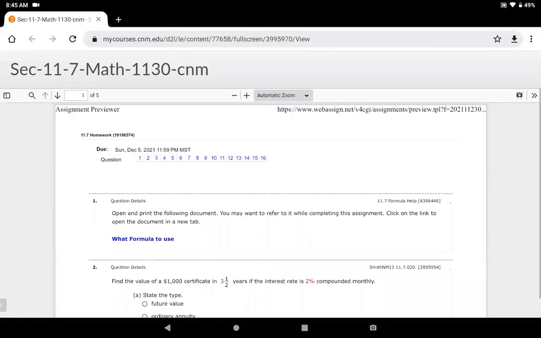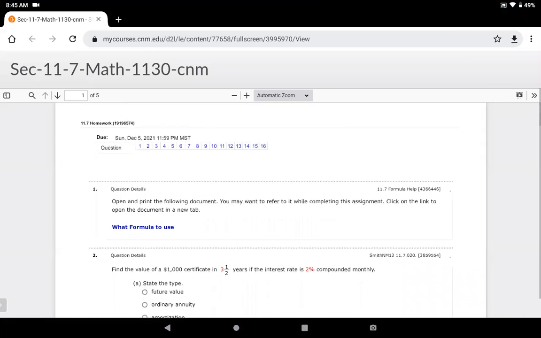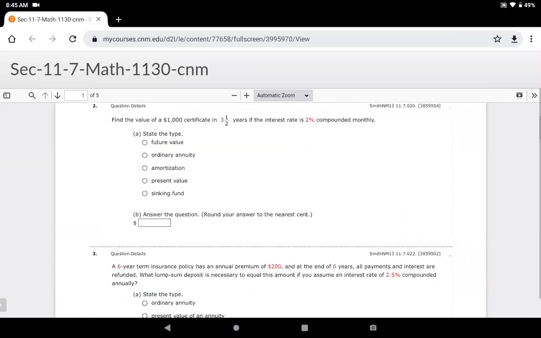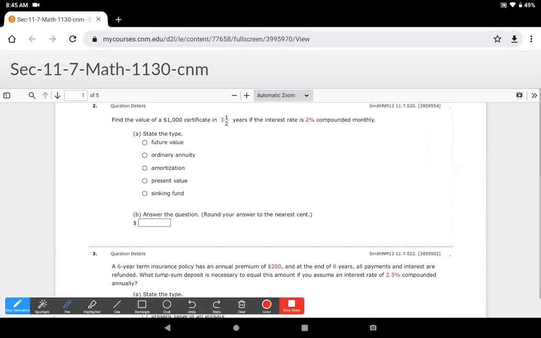And let's take a look at what we have. So in number 2, we are asked to find the value of a $1,000 certificate in 3.5 years if the interest rate is 2% compounded monthly, right? So what we have is a p-value, not a p-value if you're in stats, but we have P, the price of the certificate.